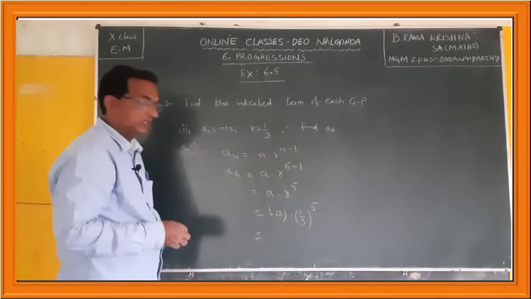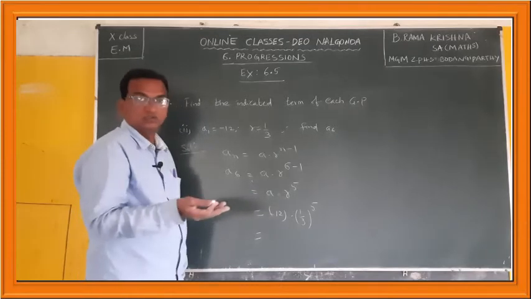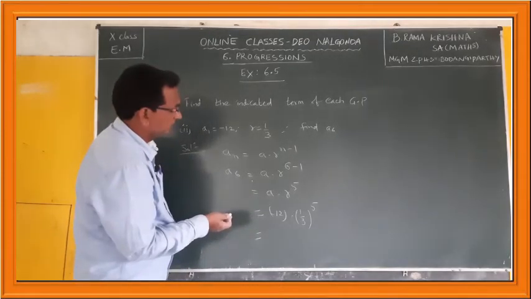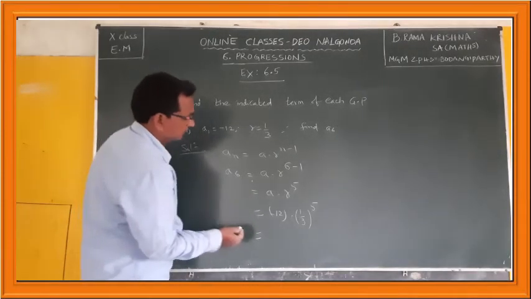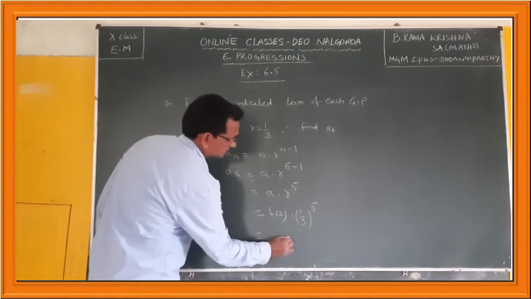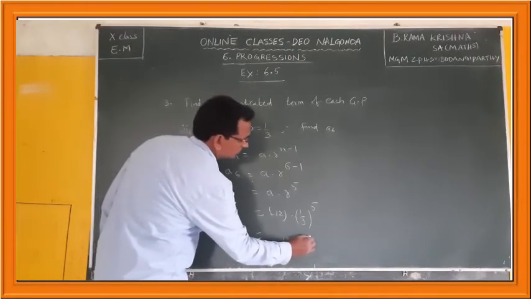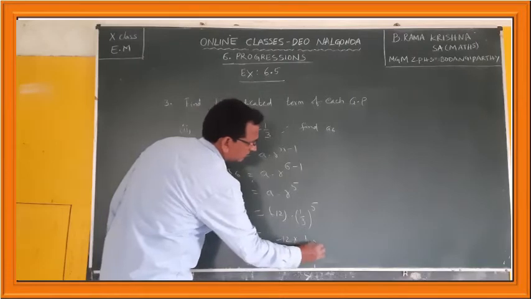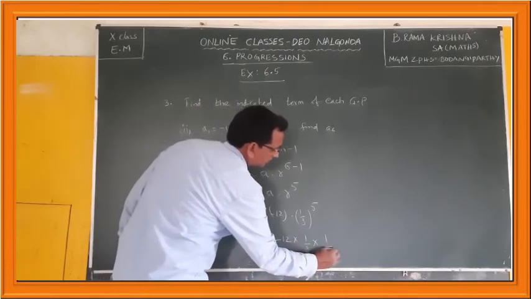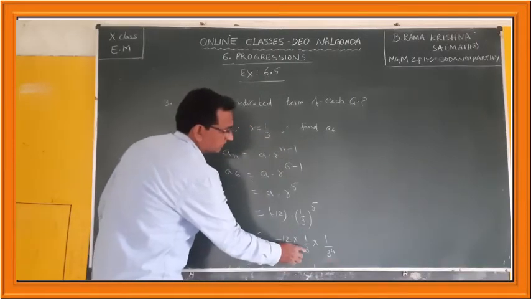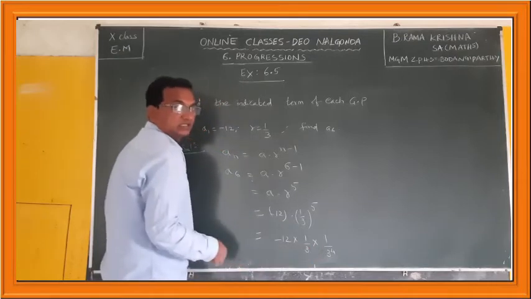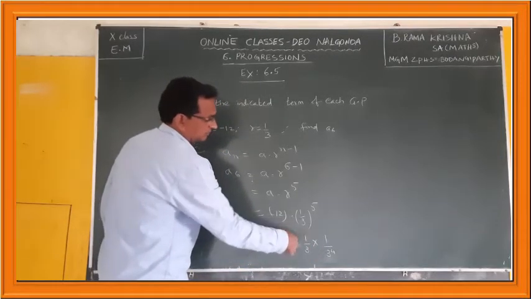If you can simplify, simplify it, otherwise no need. Minus 12 into 1 by 3 into 1 by 3 to the power of 4. Let me write like this. 3 to the power of 1 into 3 to the power of 4 is nothing but 3 to the power of 5.